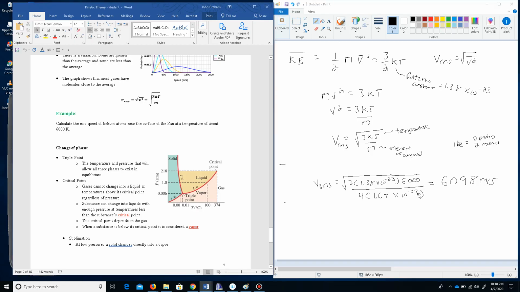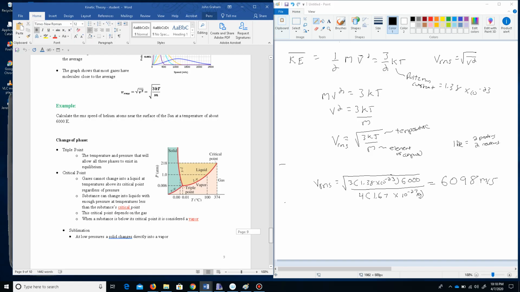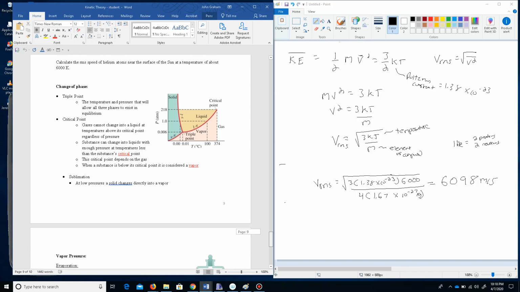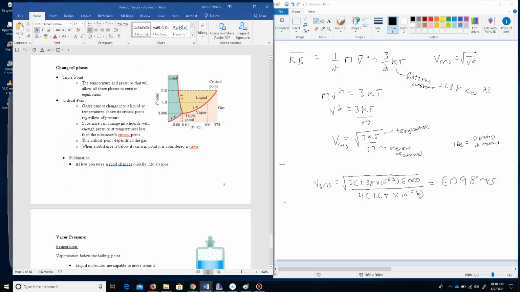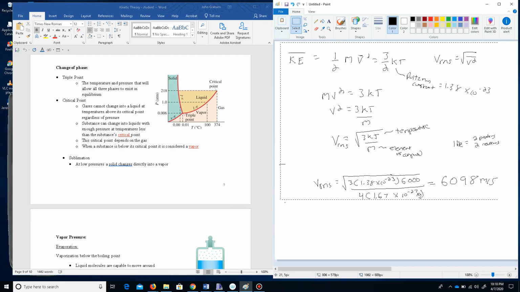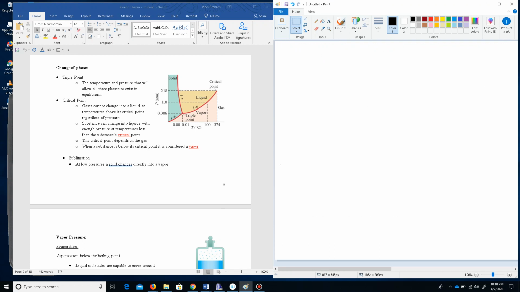Alright, so the next thing is when we start looking at change of phases. When you have a solid and you increase the temperature, it starts to warm up. It starts to get enough energy that the bonds are breaking and it becomes a liquid. And as it warms up even more, it has enough energy for the molecules to break the surface and become a gas.